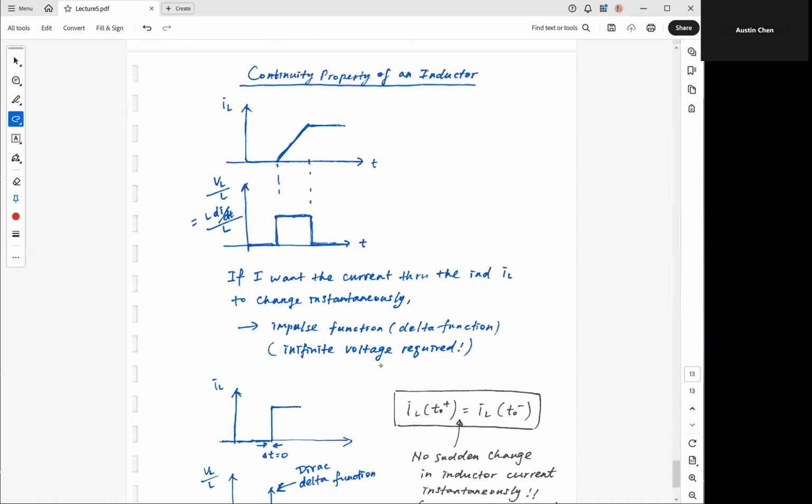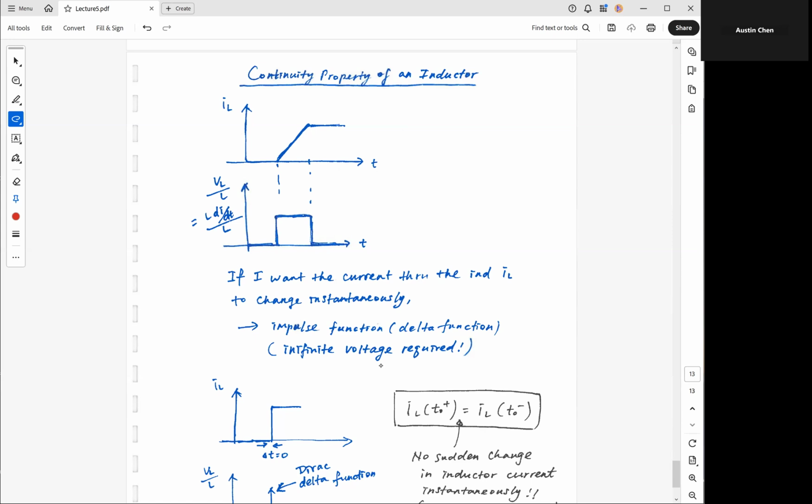Okay, so the last topic here. Going back to the continuity property of a capacitor, right? Earlier we talked about how the voltage drop across a capacitor cannot change instantaneously. In the context of inductor, the duality again applies, right?